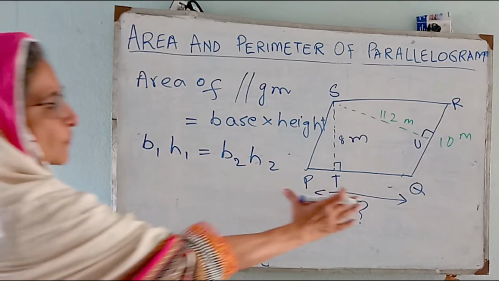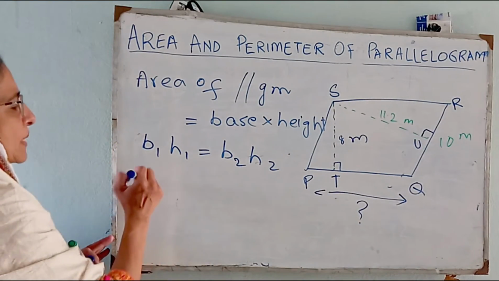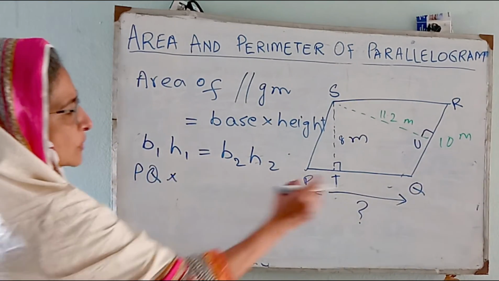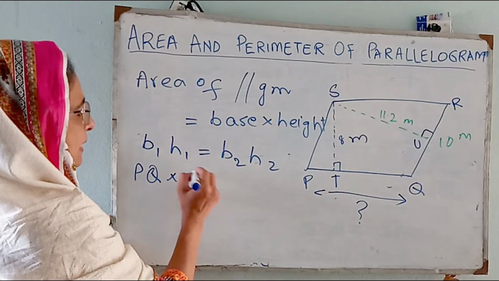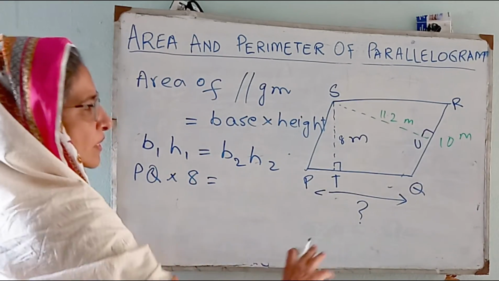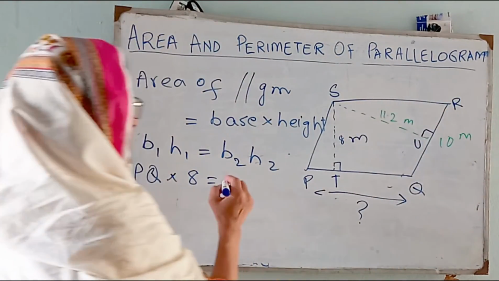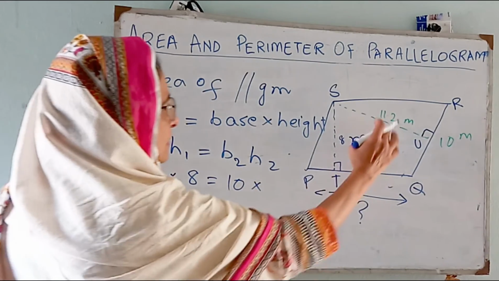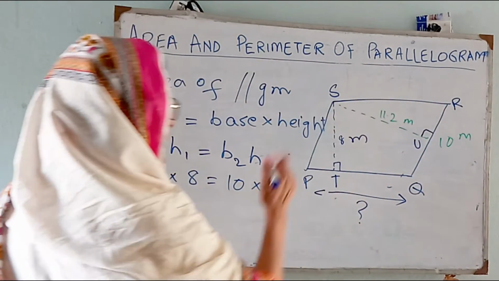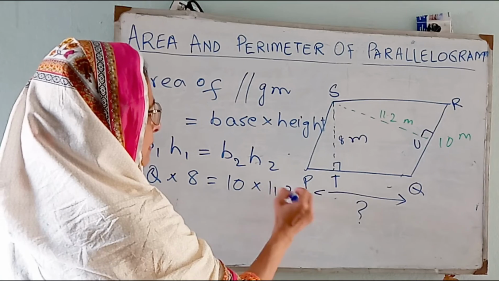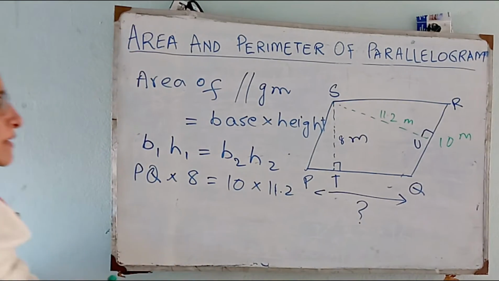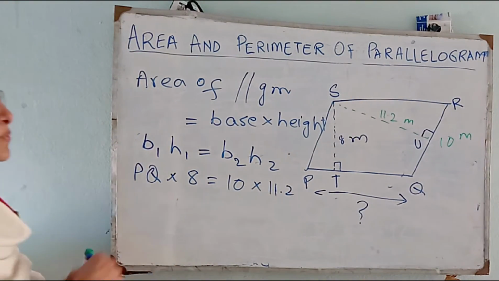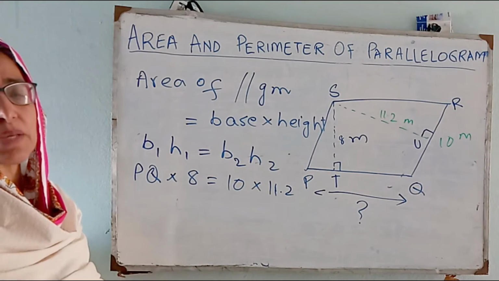That means if I am taking this PQ as my base, then for this PQ my height is 8 cm. If I am taking this 10 as my base, then 11.2 is my height.